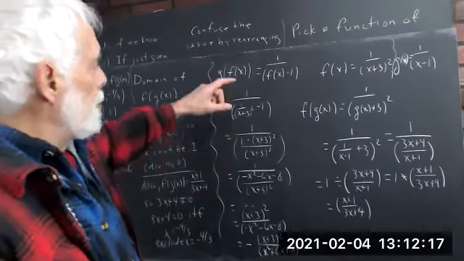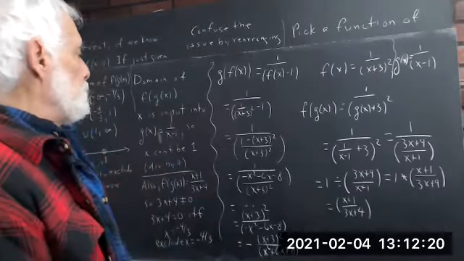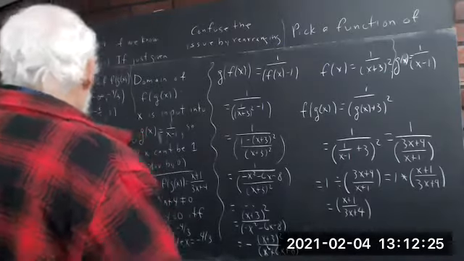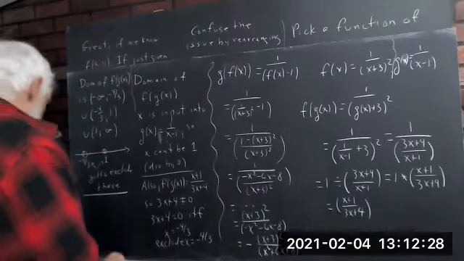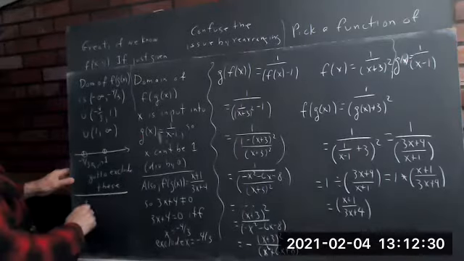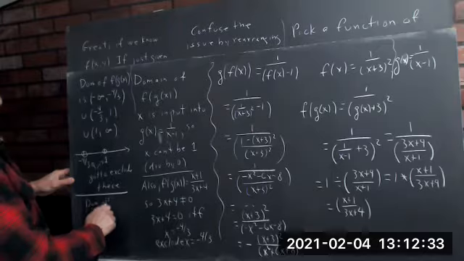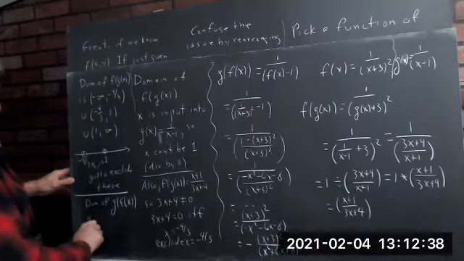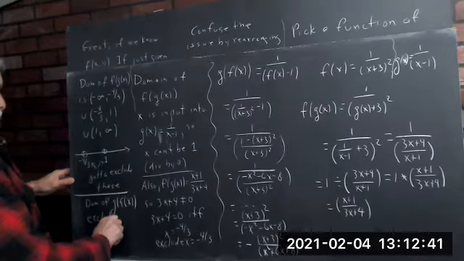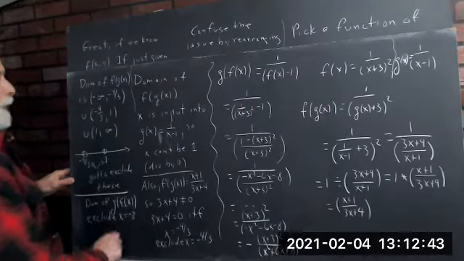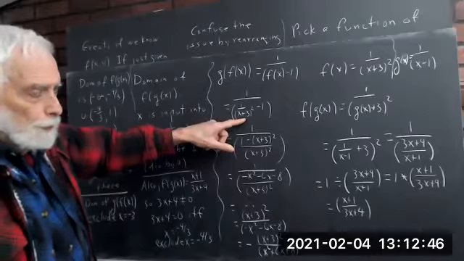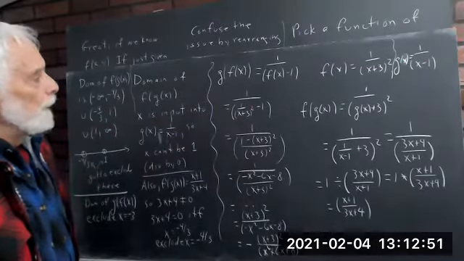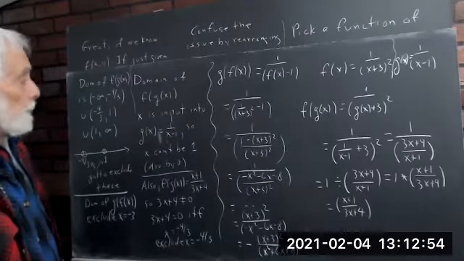Now, in the case of this function, you have to exclude x equals negative 3 because that messes up the g of x or the f of x function.